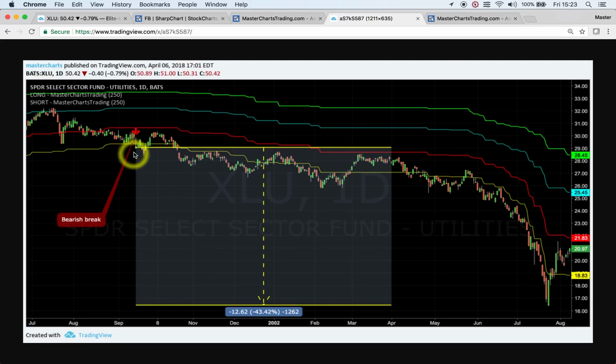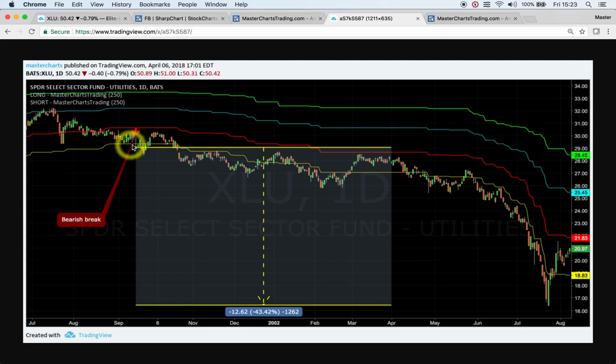You can see that on the chart, we had a break below this yellow line here in September of 2001. And then we had a small bounce, but eventually we had a lot of selling, and this particular fund, XLU, lost an additional 43%.